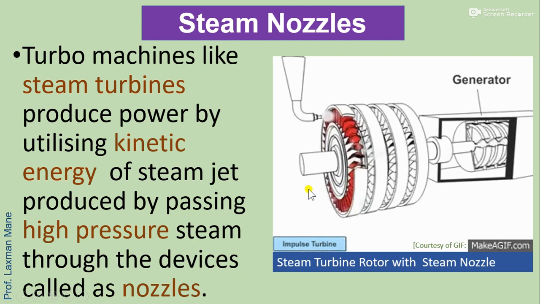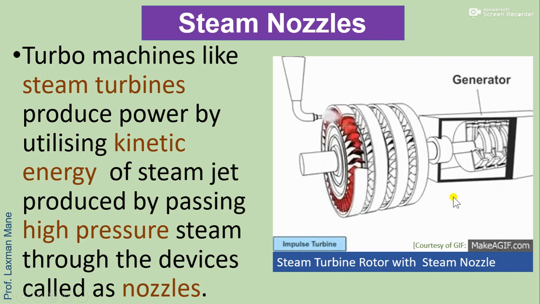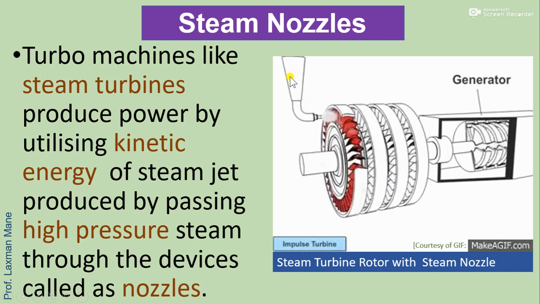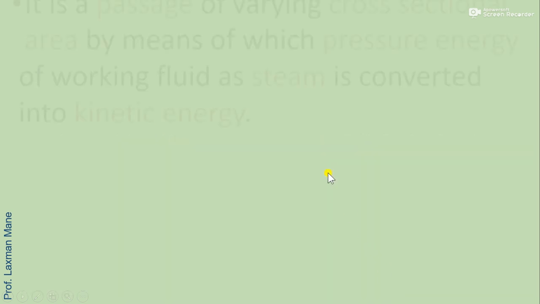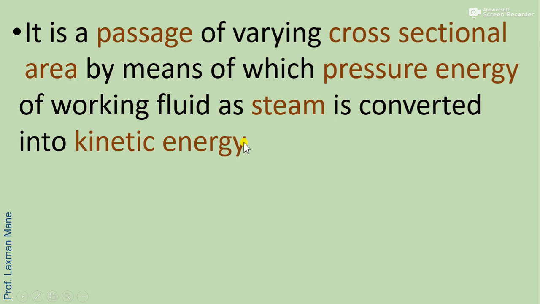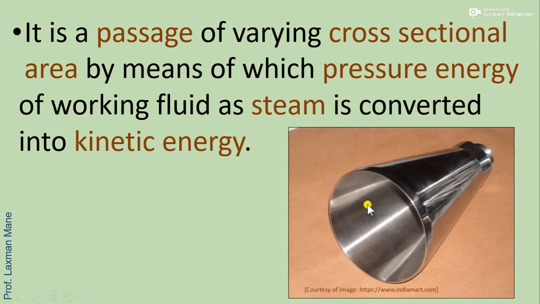So here we see a steam turbine which is run by injecting steam through a device called a steam nozzle. It is a passage of varying cross-sectional area by means of which the pressure energy of the working fluid, steam, is converted into kinetic energy.